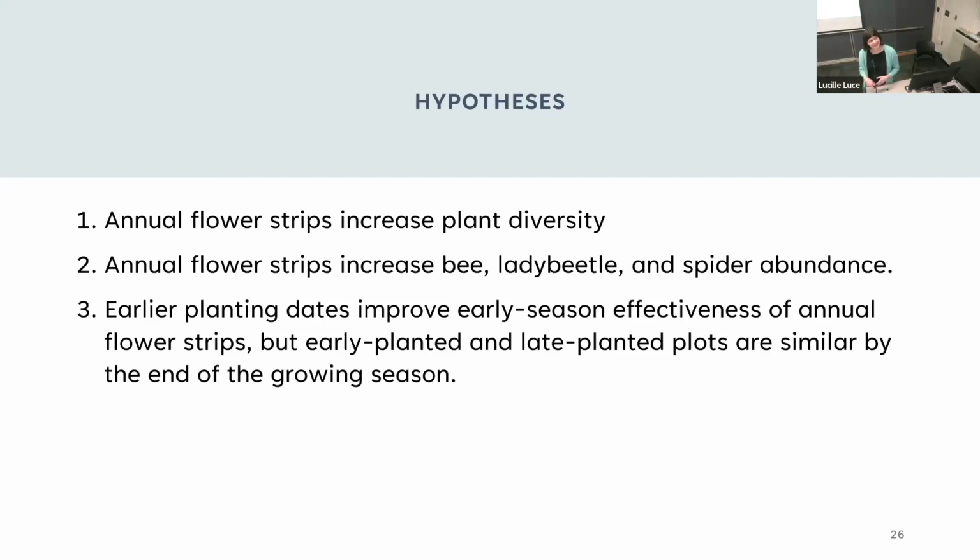I basically set out to see whether this practice is feasible on farms and whether it achieves its desired benefits, things like increased plant diversity and beneficial insect abundance. I was also really interested in planting time. So the thing is, standard recommendations for flower strip establishment for perennials, nothing much available for annuals, say you want to set these things up in the fall or the spring, around the time of the first fall frost or the last spring frost.